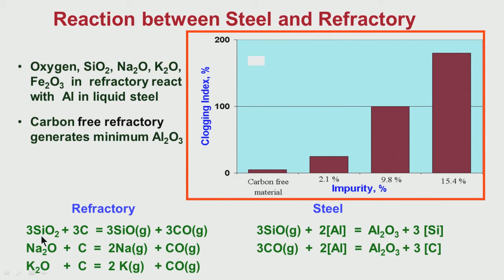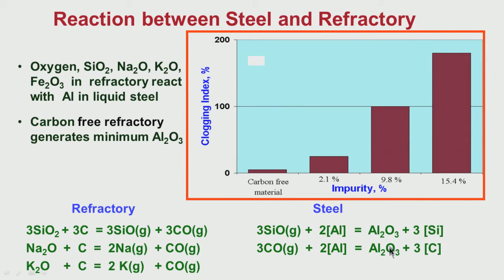Why? Because if you have SiO2, it will react with carbon of the refractory and will generate SiO and CO, these are gaseous constituents. Then this SiO will react with dissolved aluminum in liquid steel, because you have killed the liquid steel with aluminum. So some amount of elemental aluminum will remain in liquid steel always. This aluminum will react with SiO and with carbon monoxide and will generate alumina.